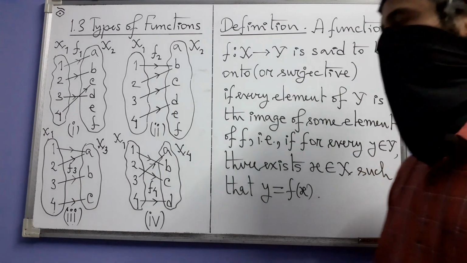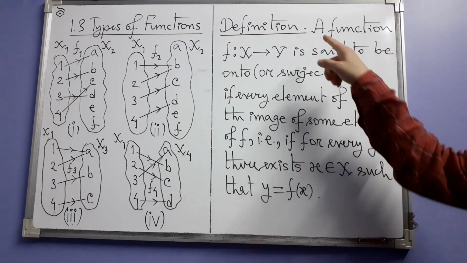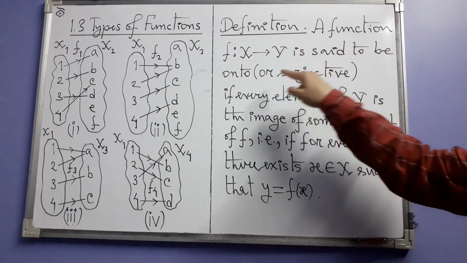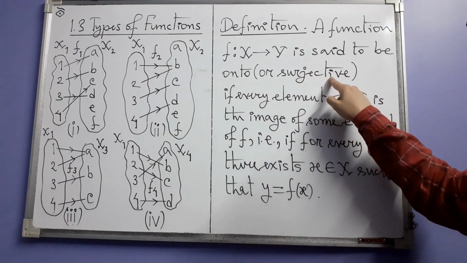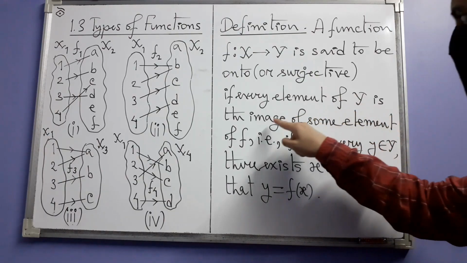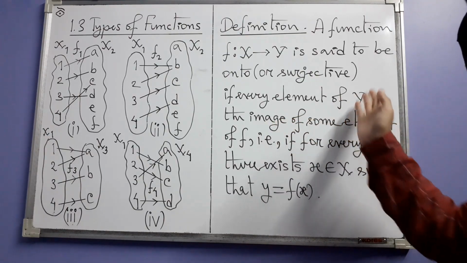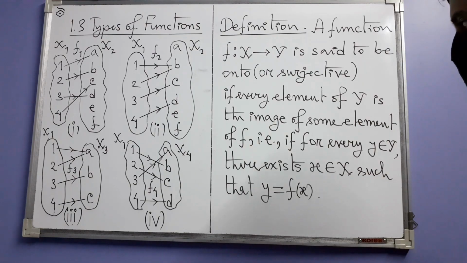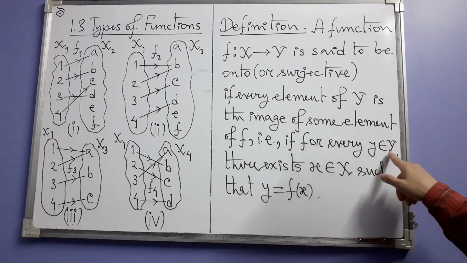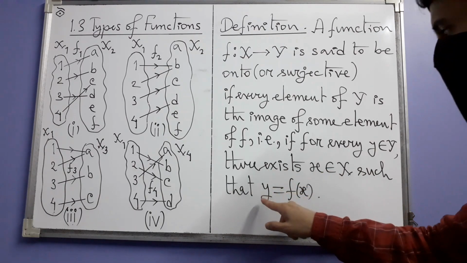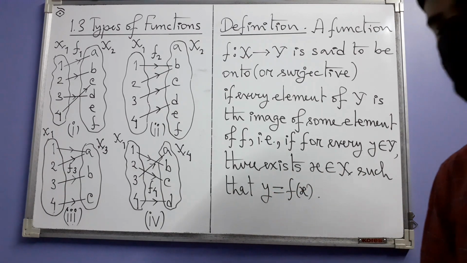Okay, so this is the definition. Again, a function f from the set X to the set Y is said to be onto or surjective if every element of Y is the image of some element of X under the function f. That is, if for every y belonging to Y, there exists x belonging to X such that y is equal to f of x.